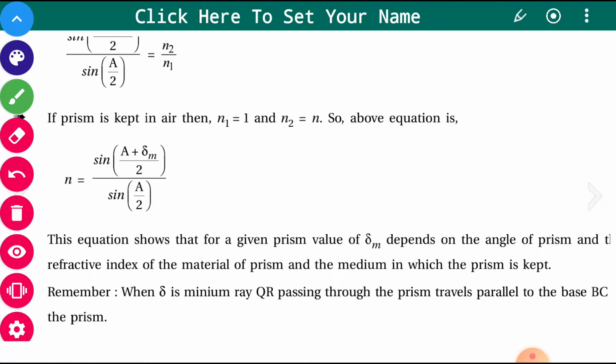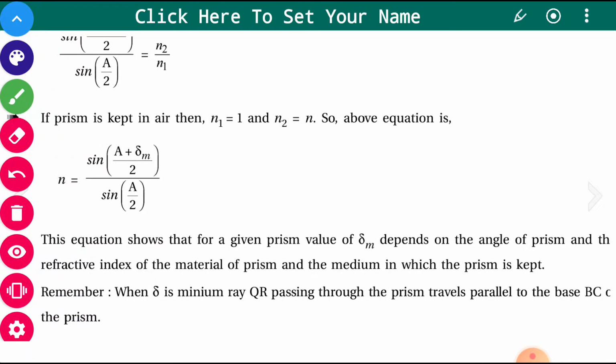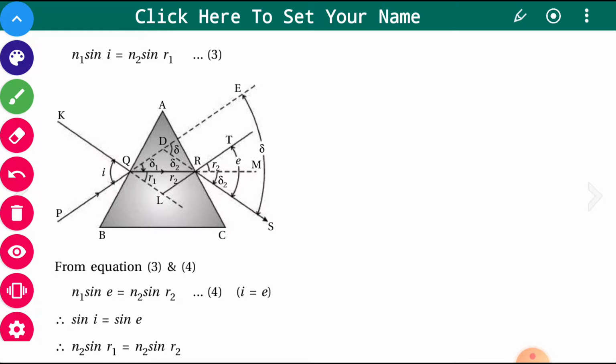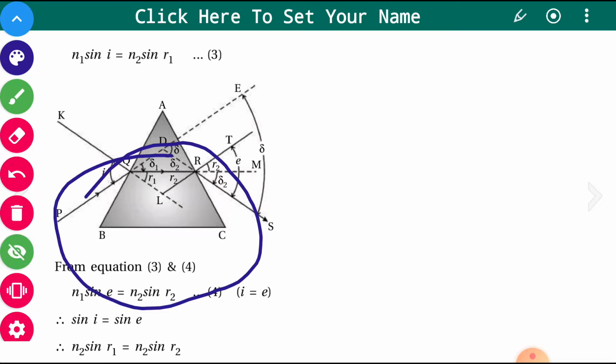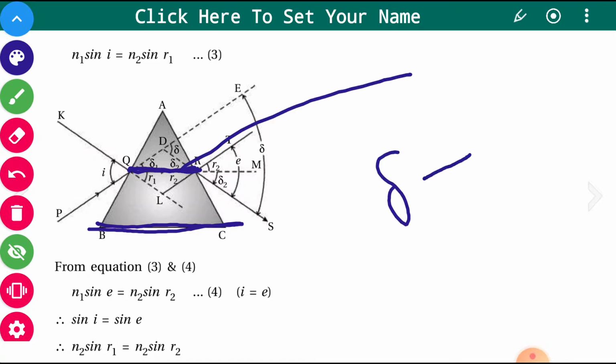Remember, when delta is minimum, the ray QR passing through the prism travels parallel to the base BC of the prism, and that is why this refracted ray is shown parallel to the base BC. When does this refracted ray become parallel? When the delta becomes delta m.